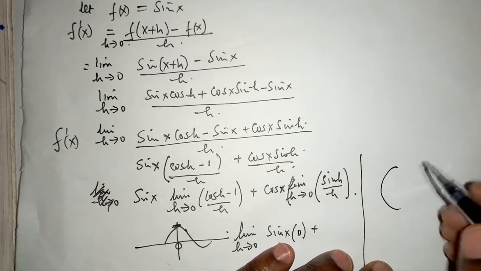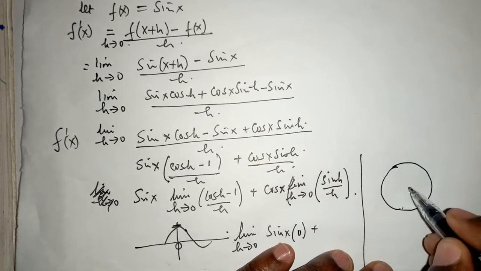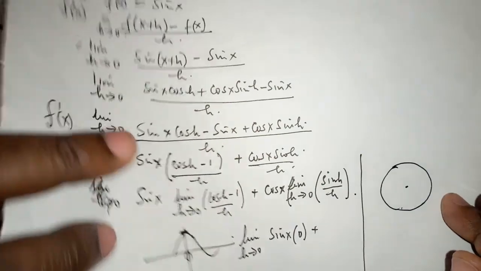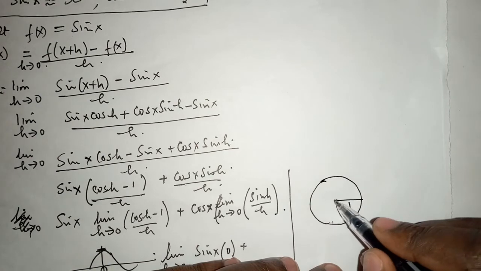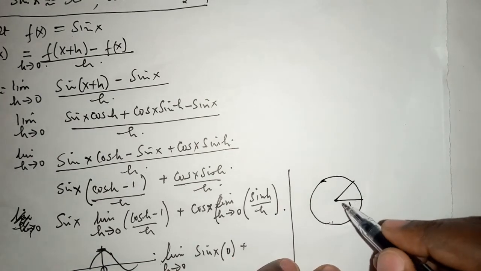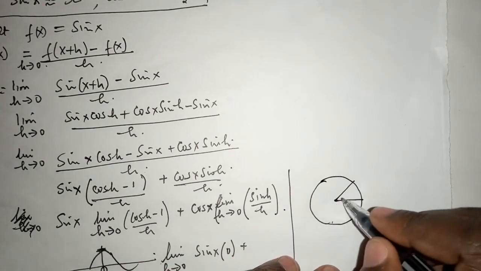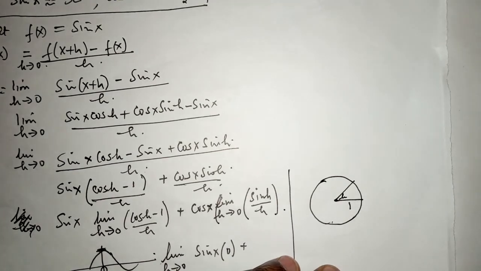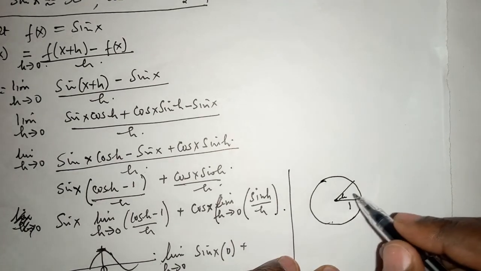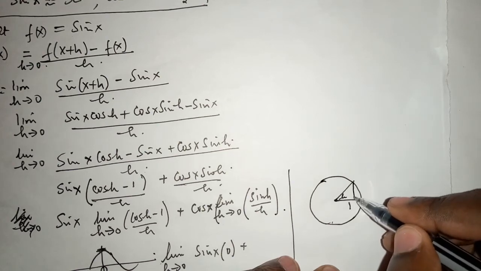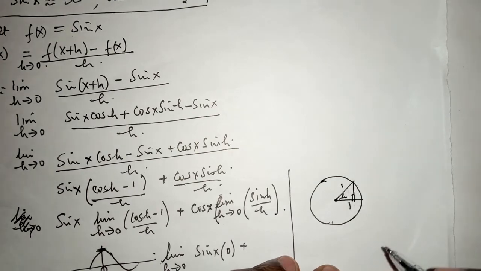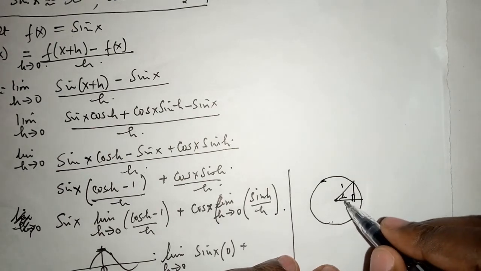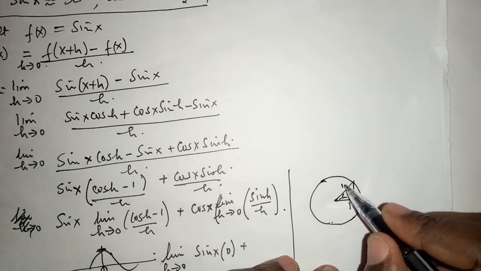If I have a unit circle like this, and that is the center of the circle, and that is the radius of 1 unit, and let me talk of h, the angle in between, or the angle subtended at the center. Of course, there is a 90-degree angle there. The radius is 1, so the sine of this small angle is the opposite over the hypotenuse.